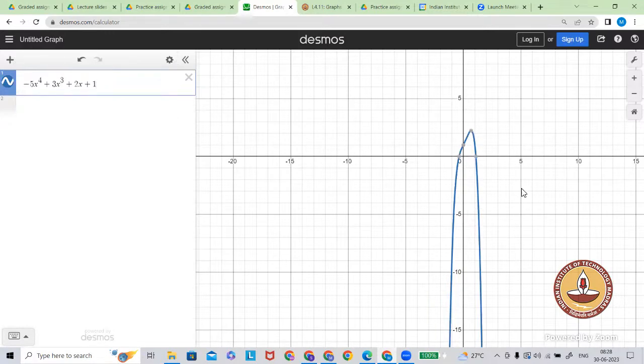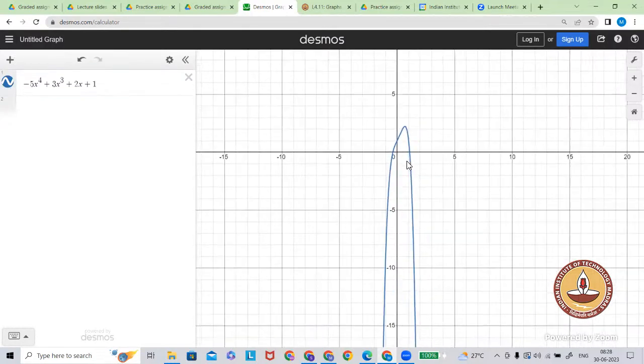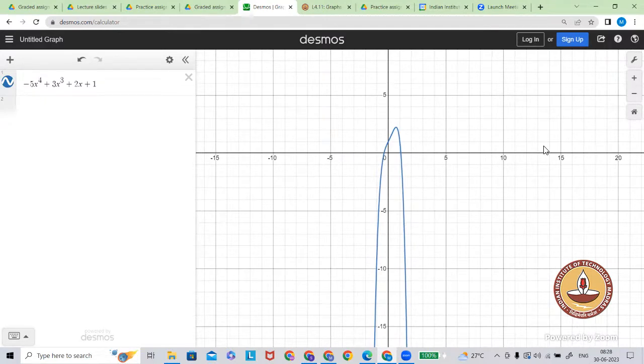See, for a very large number on this side, the output is negative. And for a very large positive number on the other side, it still gives a very large negative output, as here.